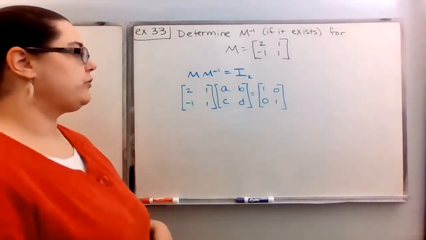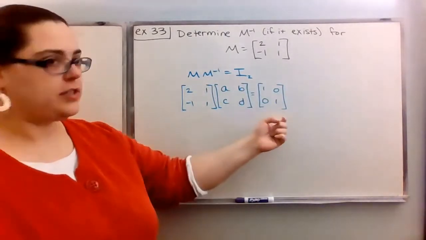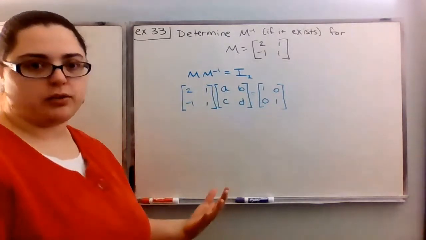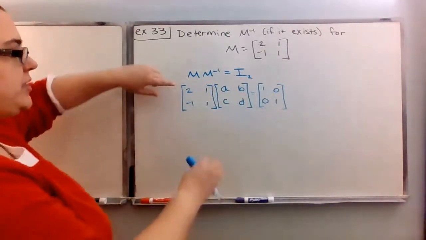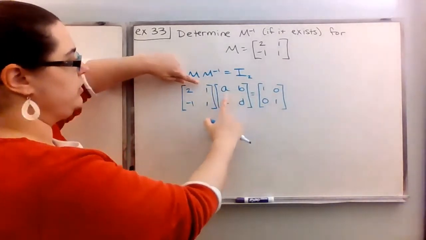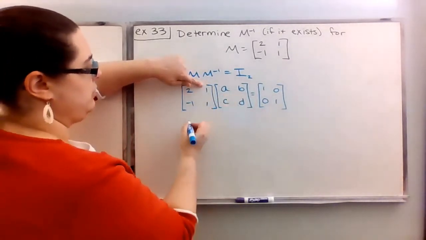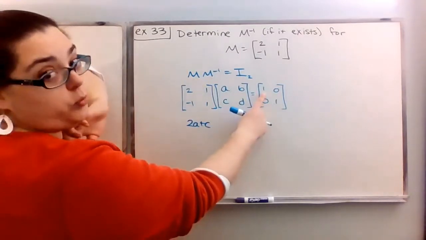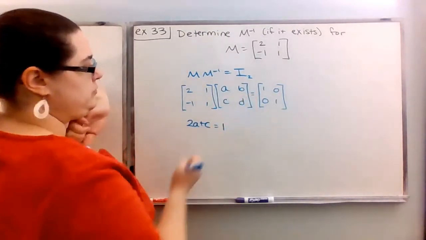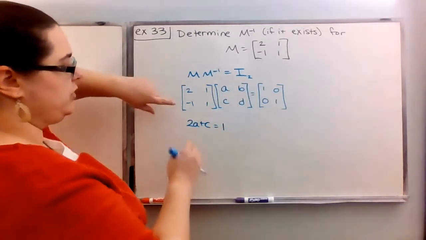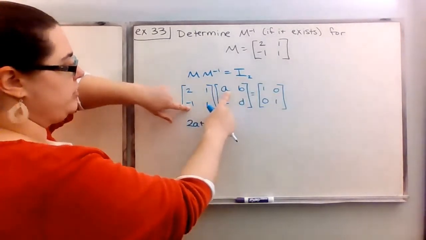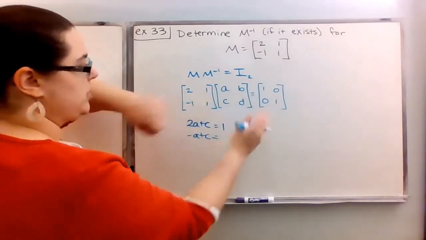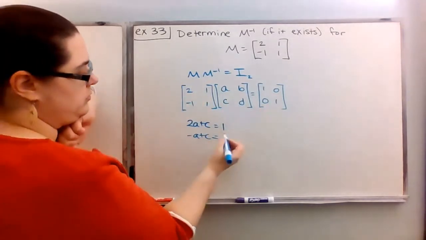Now, in order for this product to equal this, we know that each of the coordinates have to be equal. So if I find this product here, I'm going to get 2A plus C has to equal this top coordinate of 1. Similarly, I know that -A plus C is going to have to equal 0.